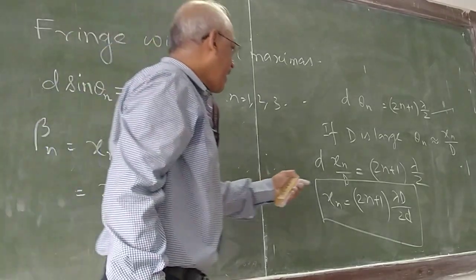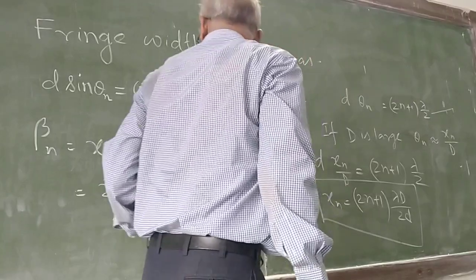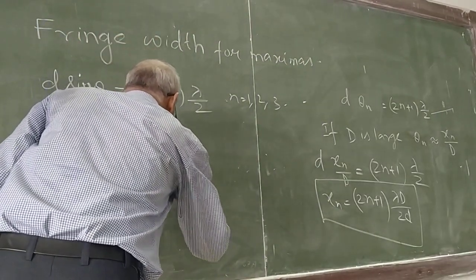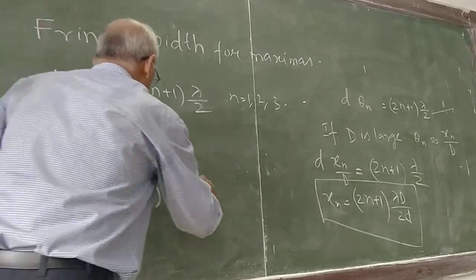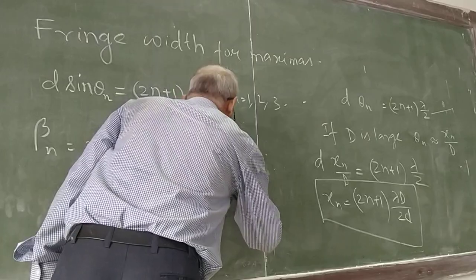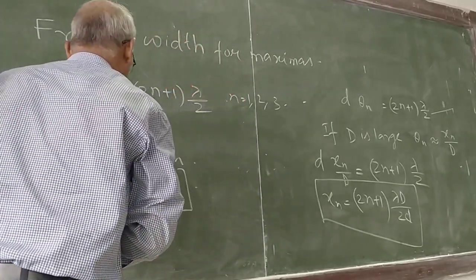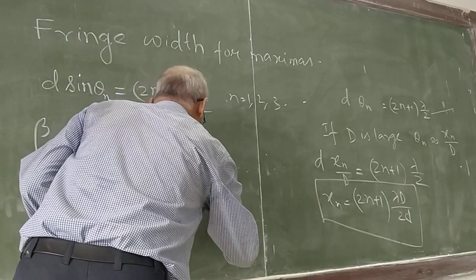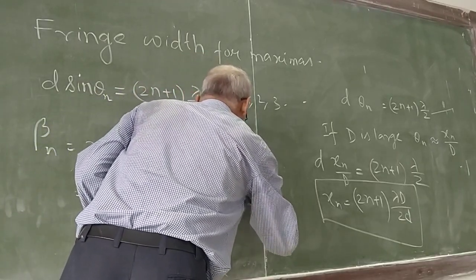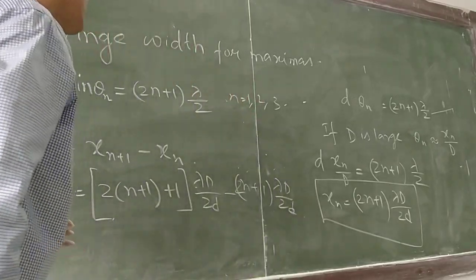So I put n is equal to n plus 1, minus xn is equal to 2n plus 1 into lambda d by d. Right.